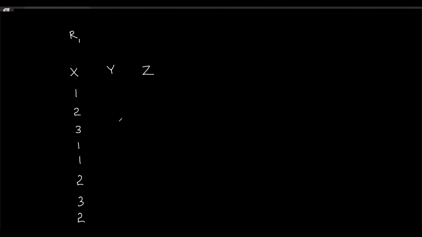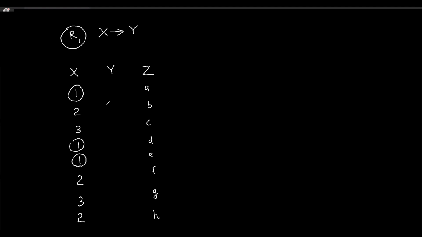And there are Z values, any value you like: A, B, C, D, E, F, G, H. And for Y, if R1 satisfies X functionally determines Y, the values corresponding to all the 1s for the attribute Y must be the same value.